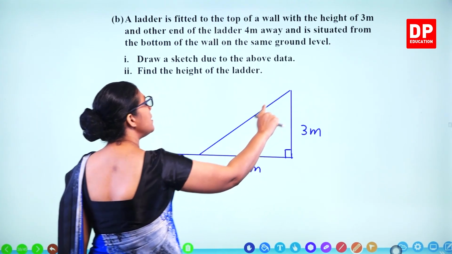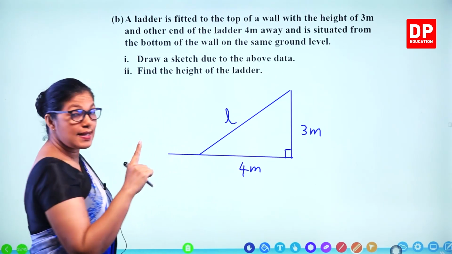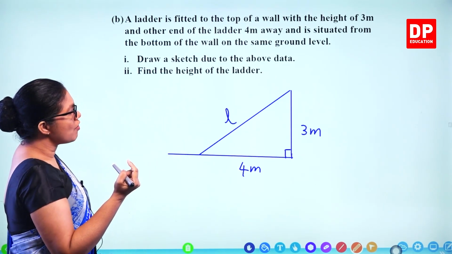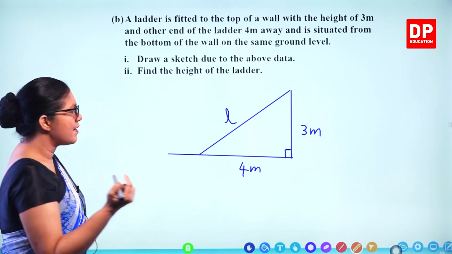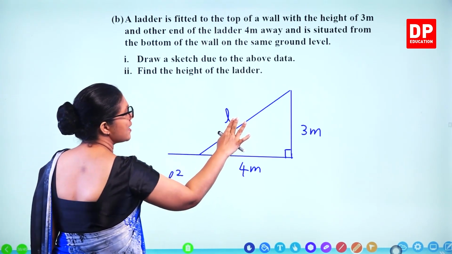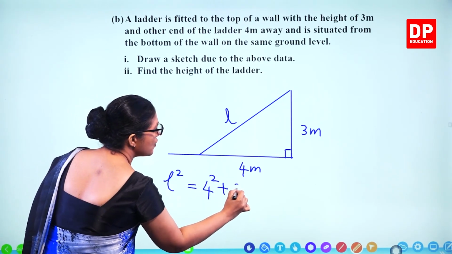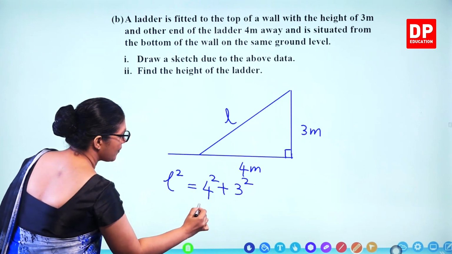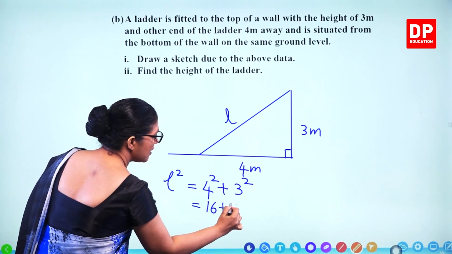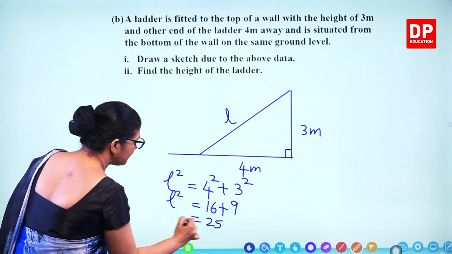Height of the ladder means this length. So we'll put L. Now we see this is right angle triangle. You can use Pythagoras theorem. So hypotenuse is that. Hypotenuse squared is square terms of the other and add it. So 16 plus 9, you get 25.